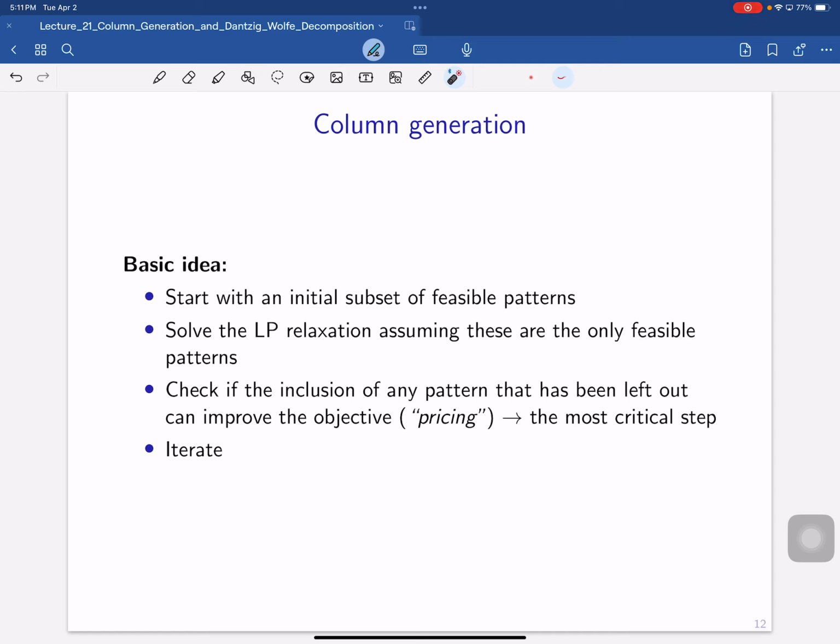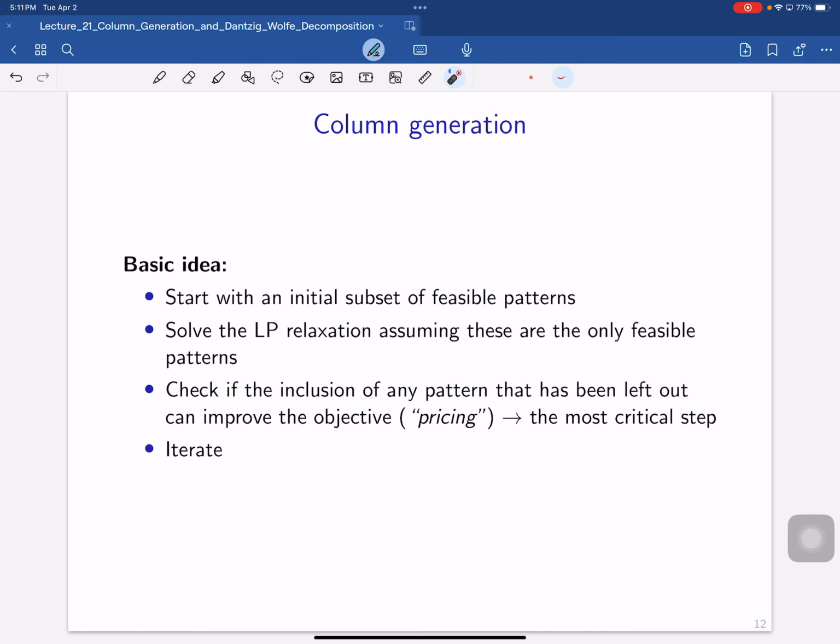Then you solve the LP relaxation for those feasible patterns, and you get a solution to the LP. But now you need to check whether you should add more patterns into this LP, since we are only including 10 patterns into the linear programming problem. The way to check whether you need more patterns is a problem called the pricing problem in column generation.